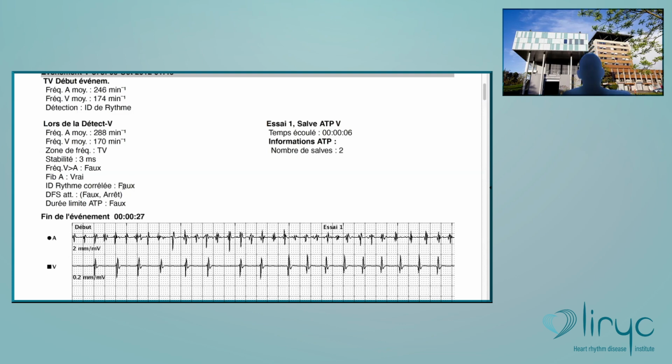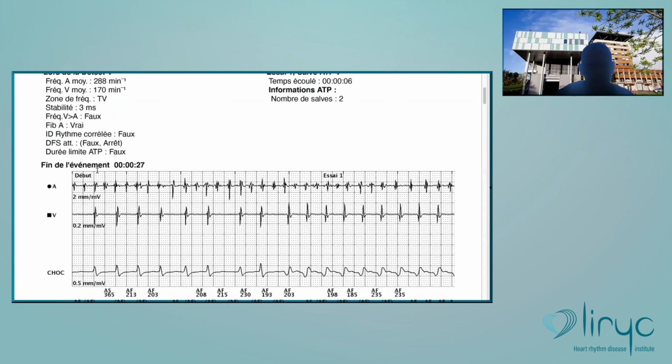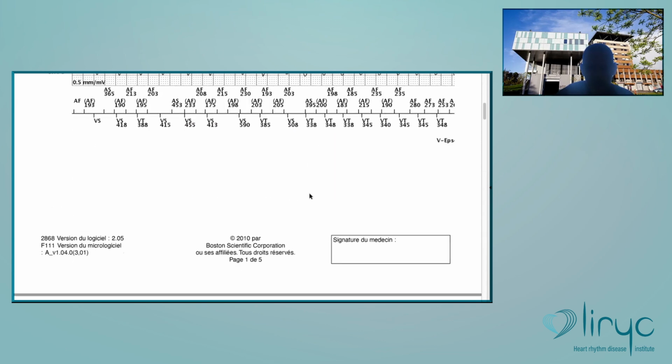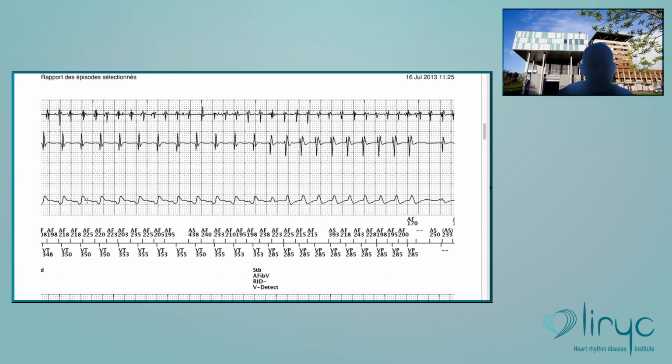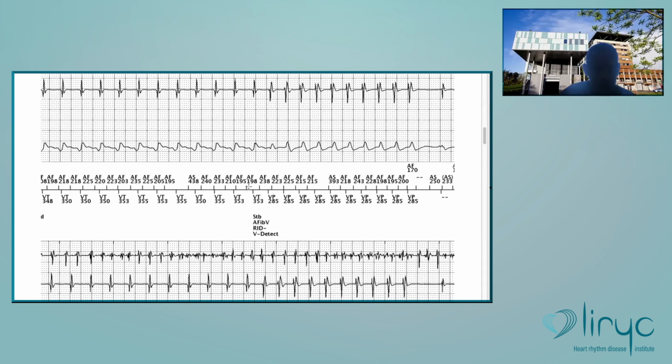So this is the time where you will analyze: is there atrial fibrillation and is the rhythm stable? Here you see stability 3 milliseconds. So you see that's real atrial fibrillation. And then you see the tachycardia here, the obvious change of the morphology.